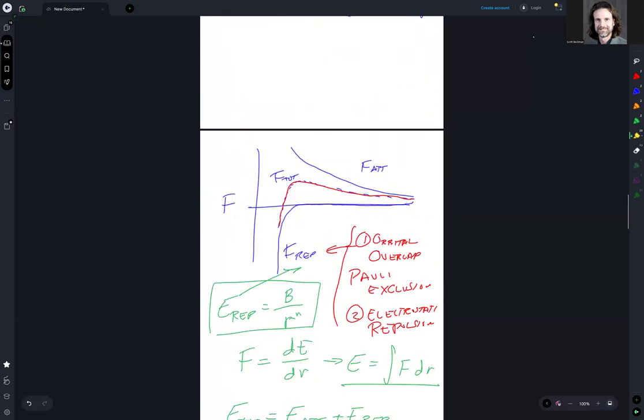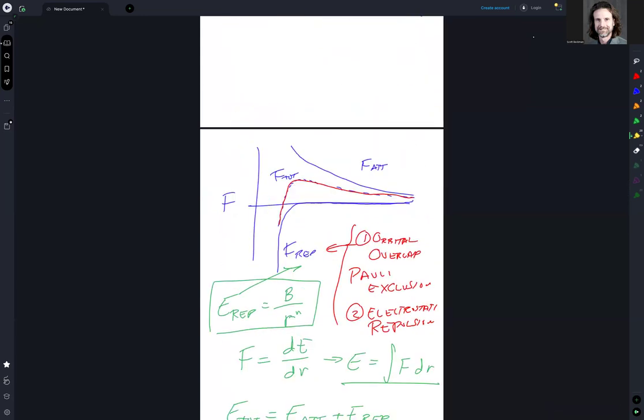Now, when you have these attractive forces, you would think that these atoms should just keep coming together until they crush each other, and they don't, because at some point you start to have repulsive forces that turn on that are very strong.